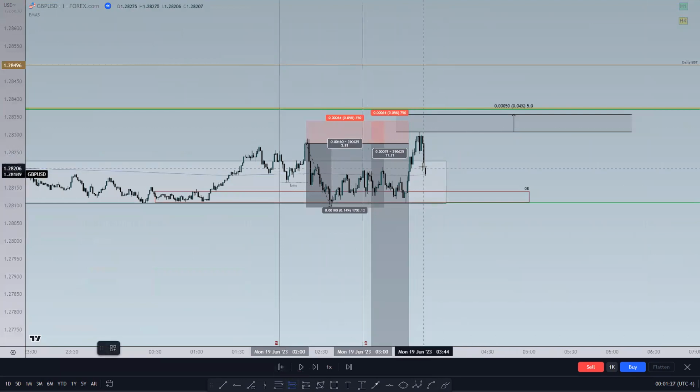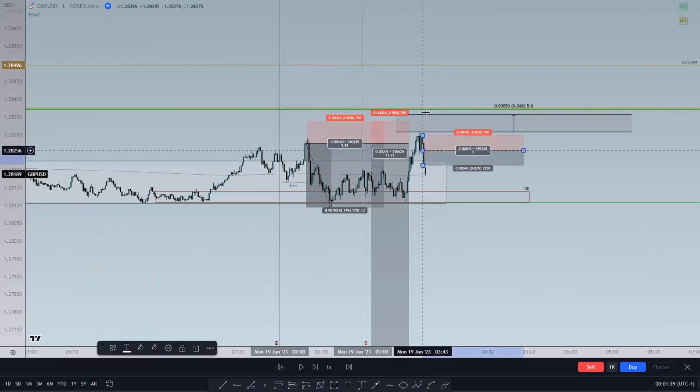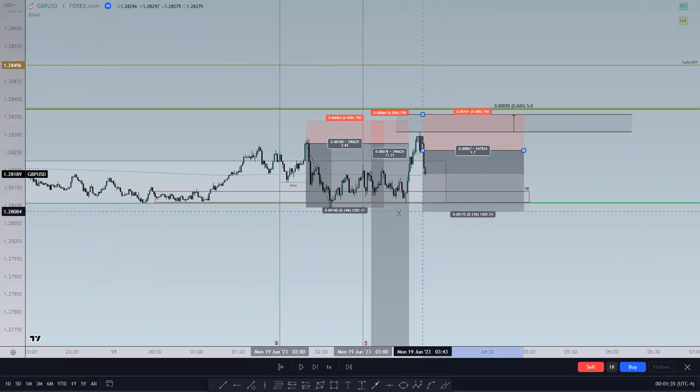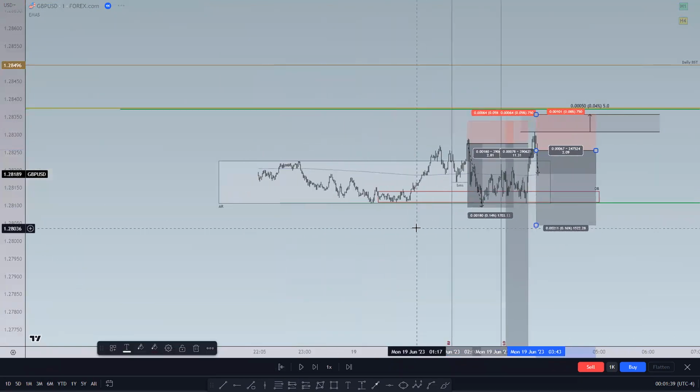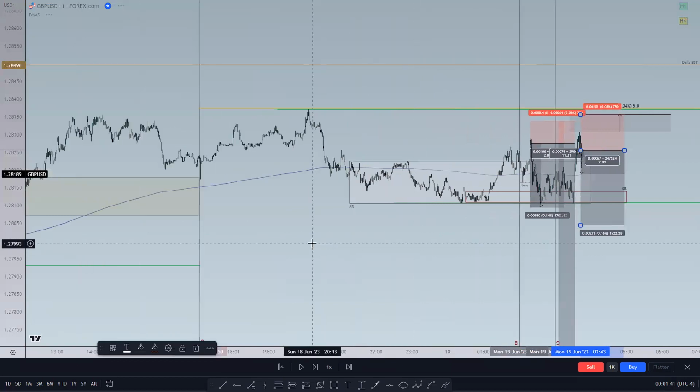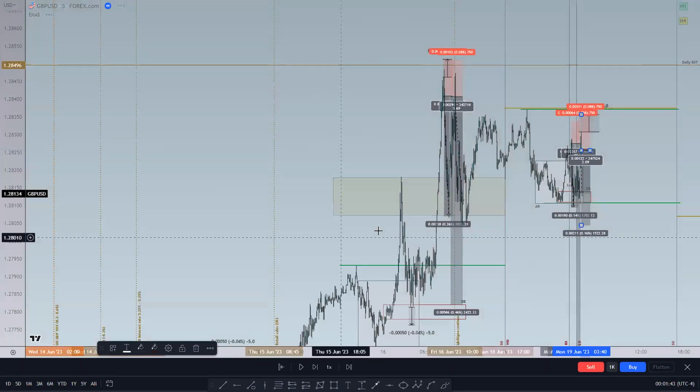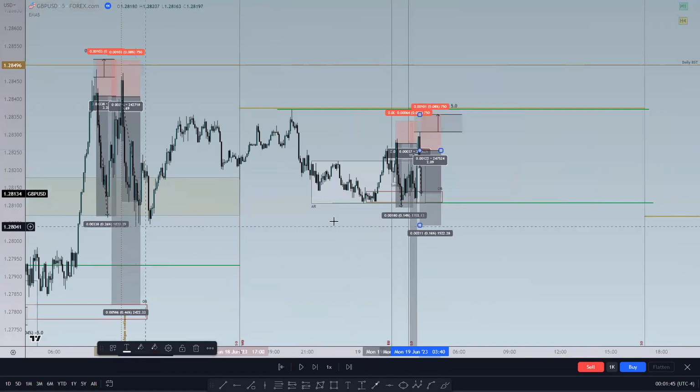So rather than entering at the open of the imbalance, you adjusted your entry to a position within the imbalance that would have afforded you a 1 to 2 risk to reward ratio to these lows down here, residing just below the Asian range, okay?